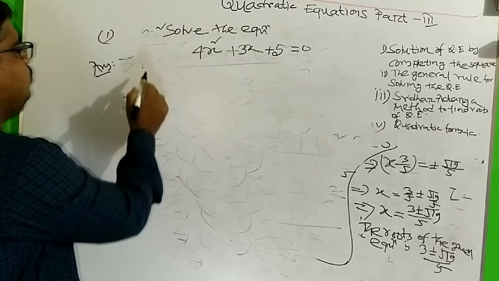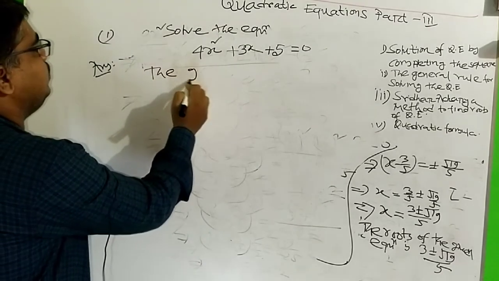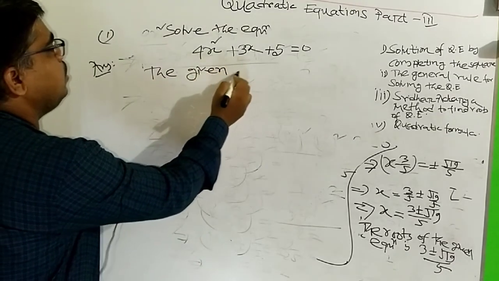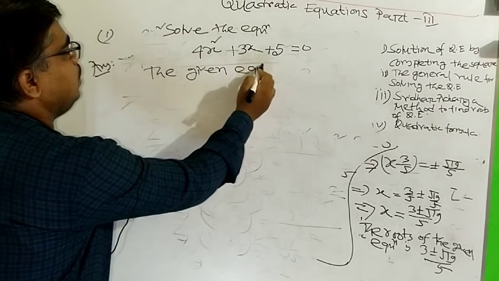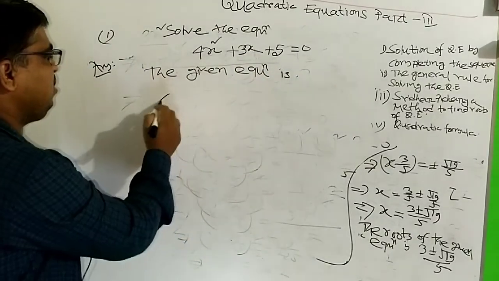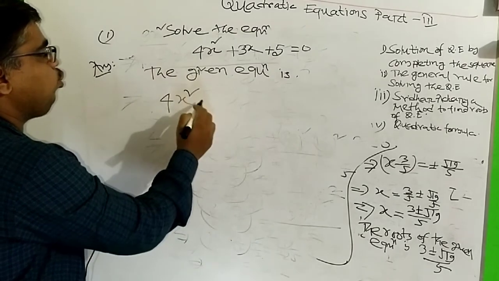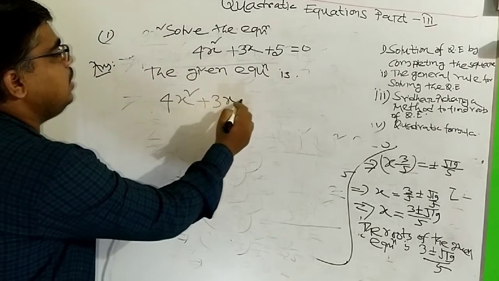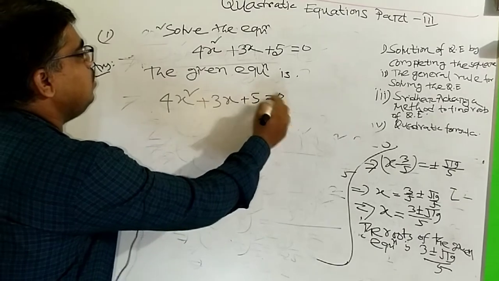Answer: the given equation is 4x square plus 3x plus 5 is equal to 0.